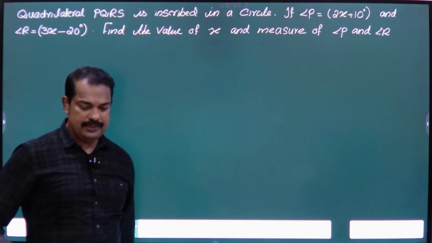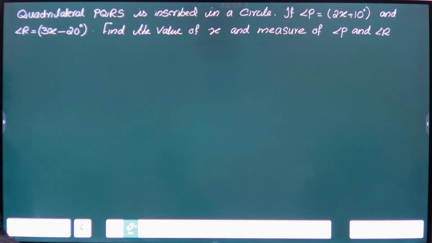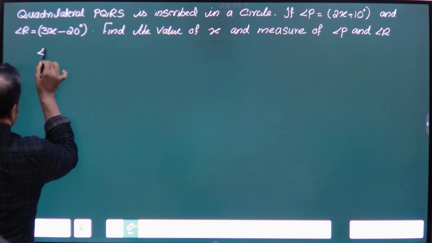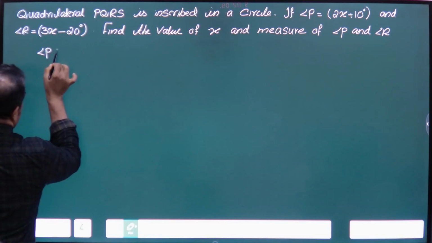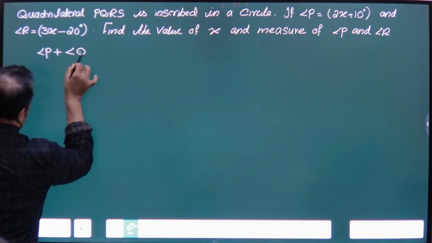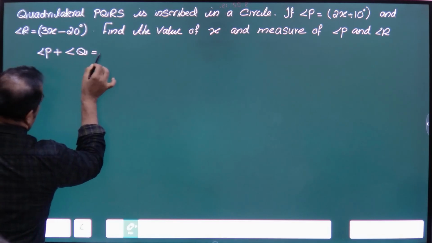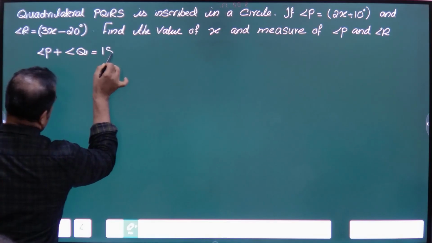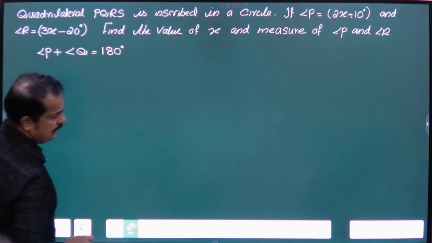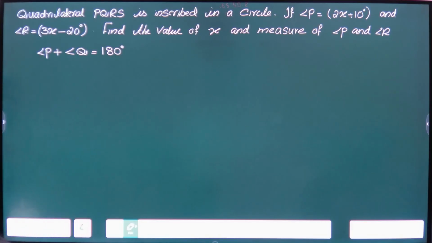So first write down. Angle P plus angle Q is equal to 180 degree. ठीक है.